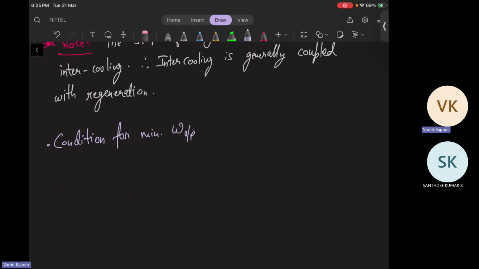You want to do the proof? Take it as a home assignment. You have to differentiate the net work output with respect to the unknown variable in terms of higher and lower, the same as we did in the last tutorial on reheating, with perfect intercooling.